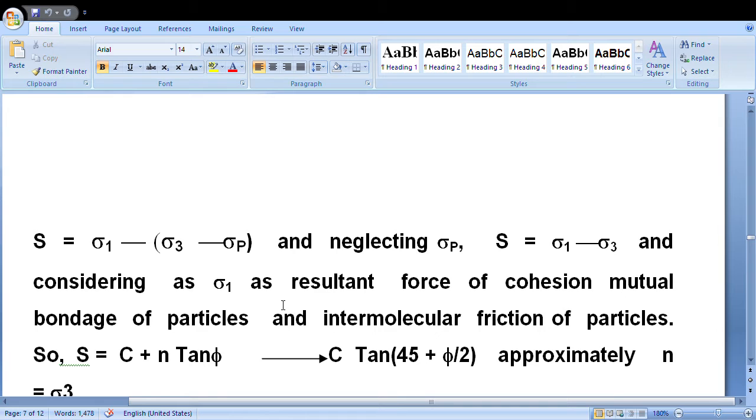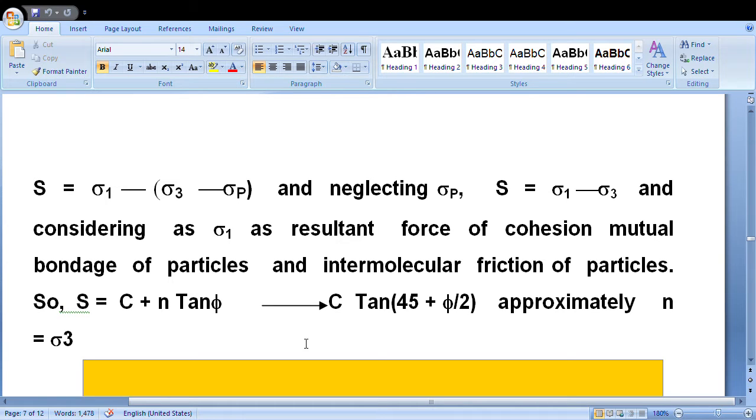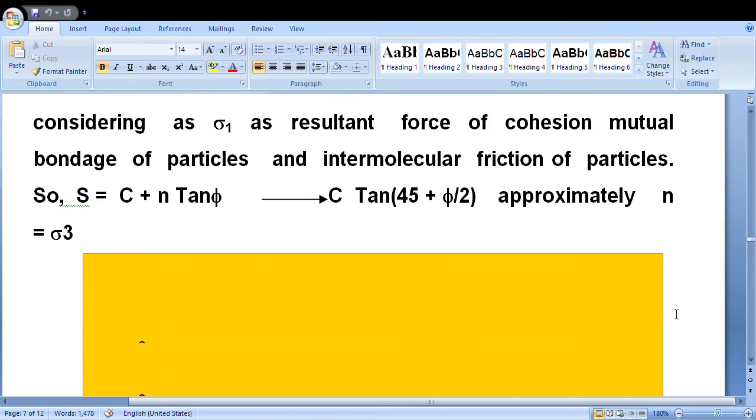Considering sigma 1 as the resultant force of cohesion, that is mutual bondage of particles, and intermolecular friction of particles, so it is S equal to C plus N tan phi, with tan 45 plus phi by 2, approximately N equal to sigma 3. That is, actually we are providing N instead of sigma 3, considering sigma 3 as our overburden pressure, lateral pressure.